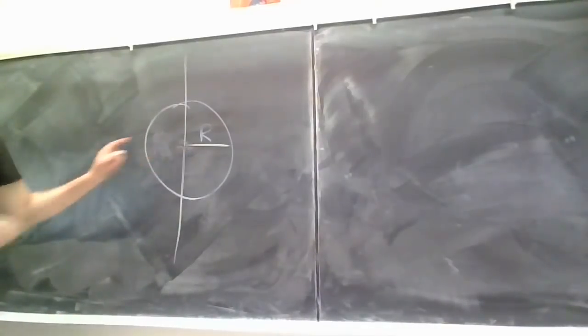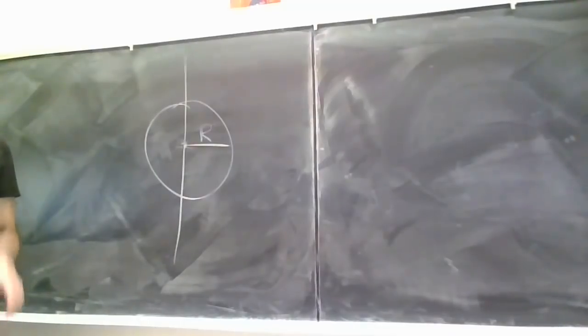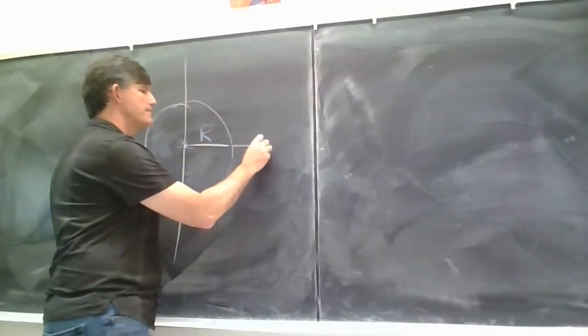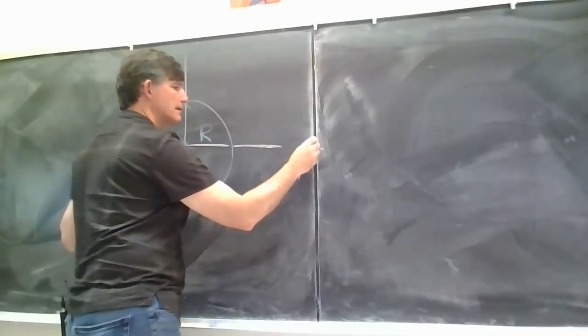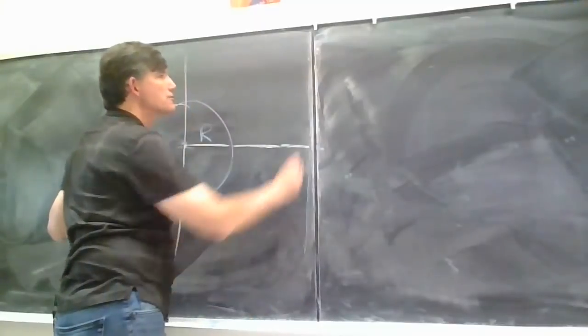So if I say that this is the location of Saturn, the Roche limit is 2.4 times the radius of the planet. So I'm going to go 1, one more, right? And then 0.4, which is almost about where this line was, right? So that's the Roche limit.